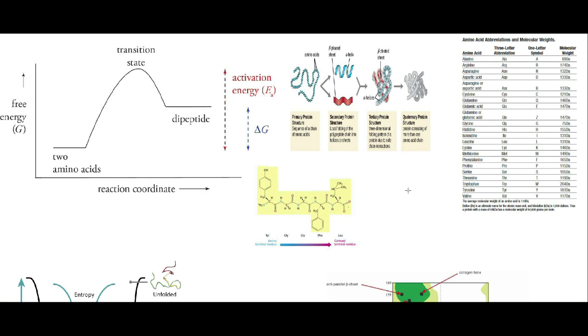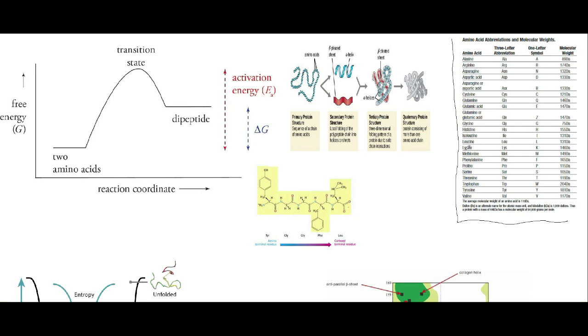To get into it, the first thing I'm going to point out is that when we talk about protein, we first want to define what the size of a protein is. That's what this table over here is showing: we can define the size of a protein by the sizes of the amino acids contained in it.